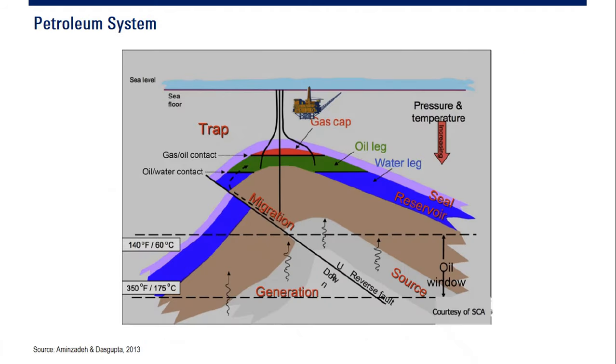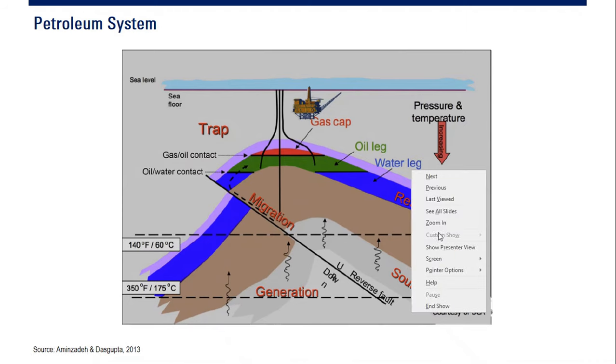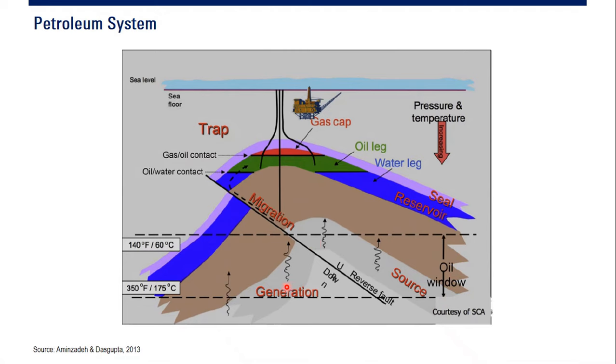And this is another picture. You see this source rock, the gray color, and then we have oil and gas generation here, and the oil and gas are formed, and then they migrate through this fault.